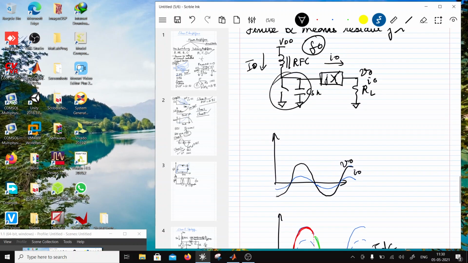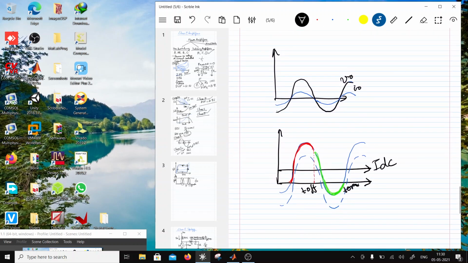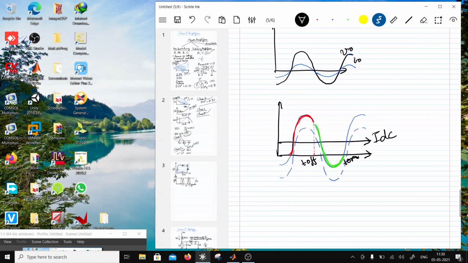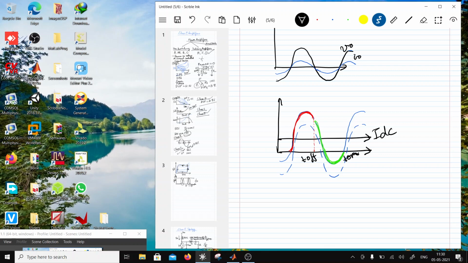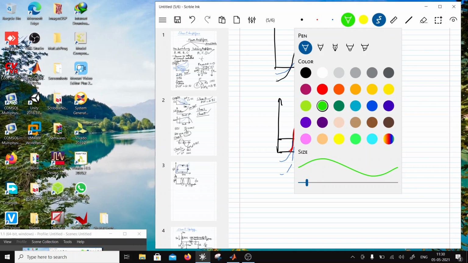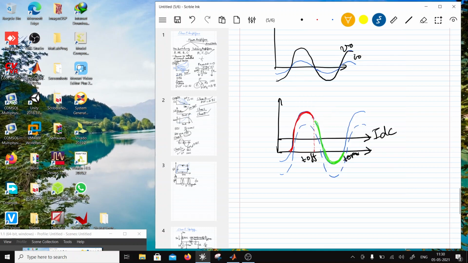When you switch off, the current through the switch is 0, but the current flows through the capacitor, and the capacitor is going to integrate this. So let's pick up this color. A capacitor is going to integrate it.